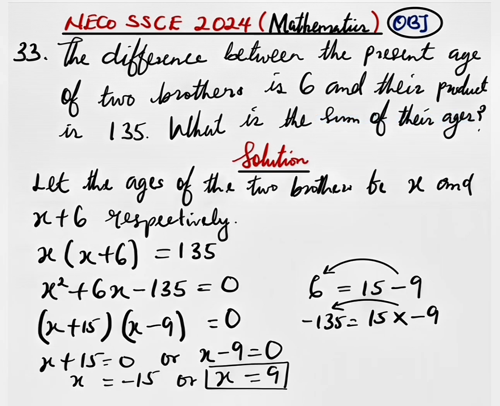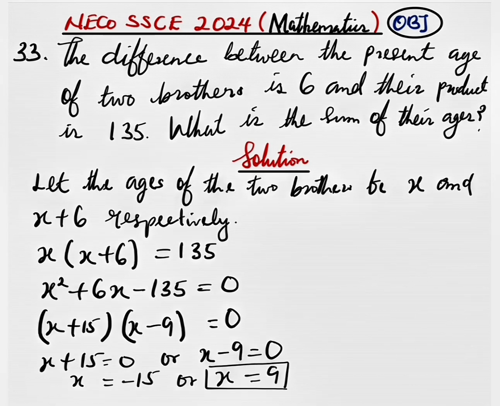And remember that we established that their ages are x and x plus 6 respectively. So what do we do? Since we know the value of x now, their ages are x and x plus 6.